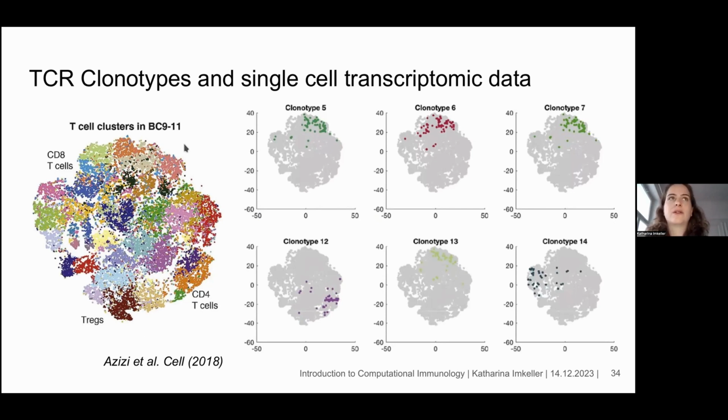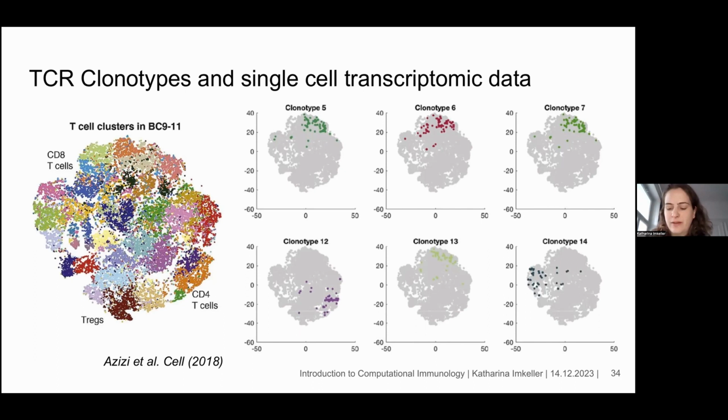So this is what is called clonotype. This is like clones of cells originating from the same original T cell that had this T cell receptor. And you can map those clonotypes onto the expression space of your single cell data, and thereby see whether cells can change their phenotype or whether particular antigen specific T cells have a particular phenotype. So this is a very resourceful method to use.